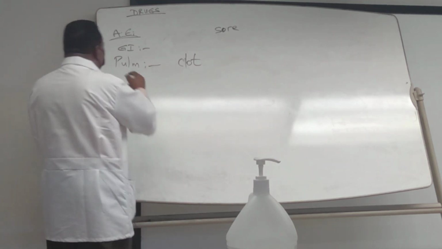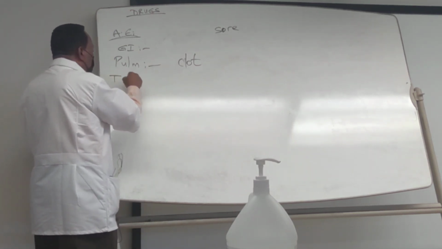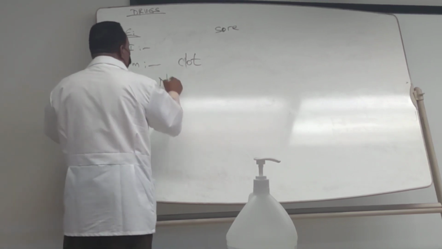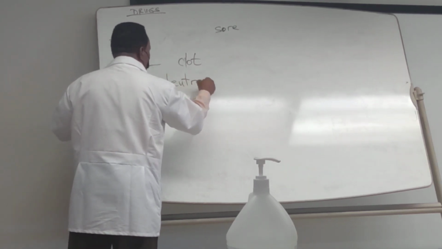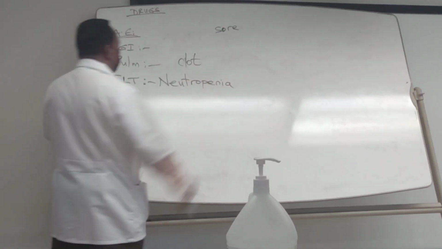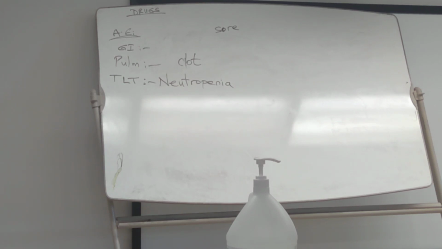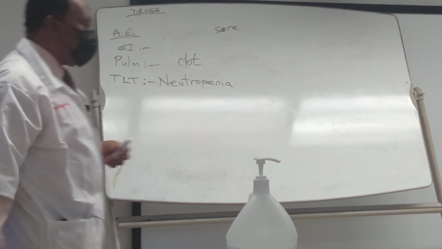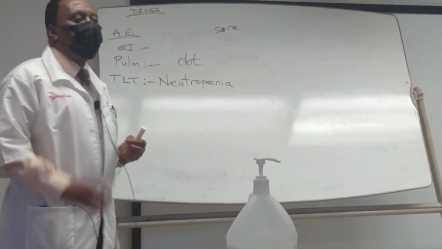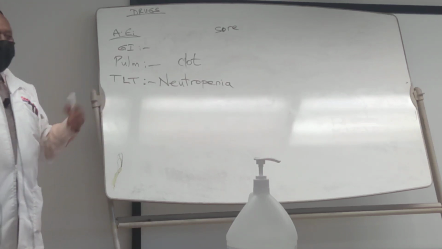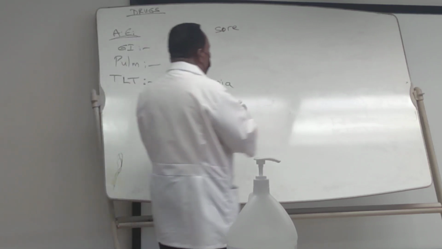In fact, a TLT of Abrams is actually neutropenia. And so it affects the bone marrow easily. Apart from the neutropenia, it can also produce thrombocytopenia, and it can also produce your anemia. And you know what anemia can lead to in terms of fatigue, weakness, asthenia, all those things.